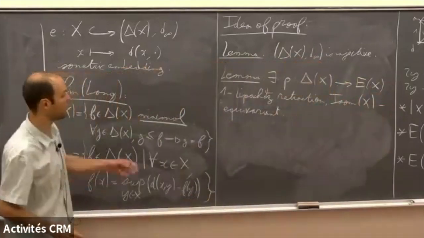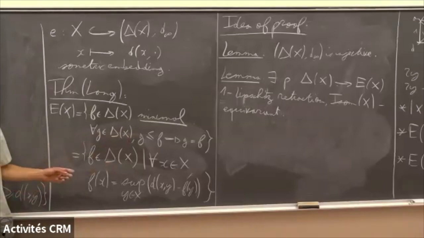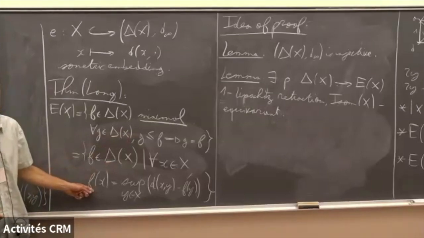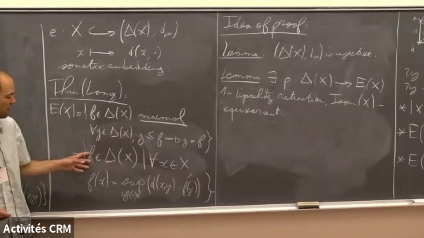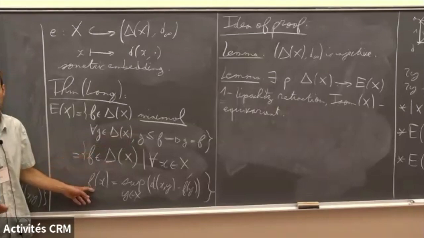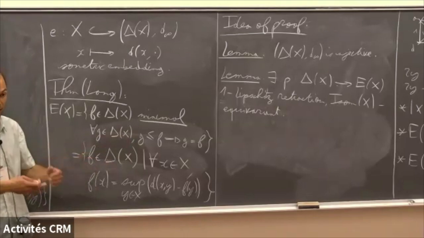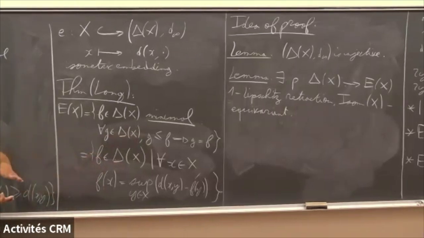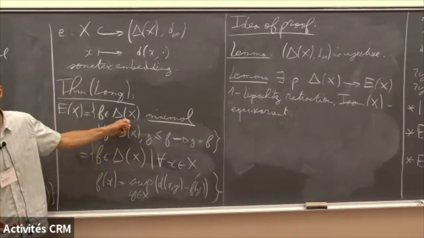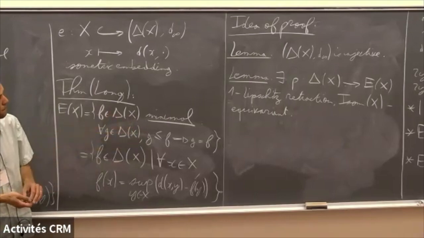What is the construction of P? Well, you want this formula to hold, so you replace the function f in Δ by this formula, that it may not be in Δ anymore, so you aggregate it with f, and then you repeat, and you get a decreasing sequence which converges to a minimal point.